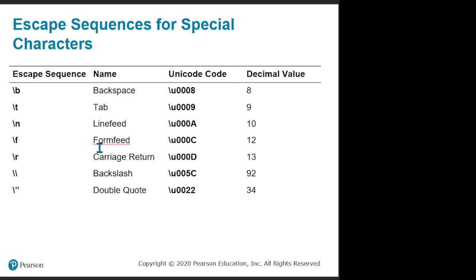The form feed would move the paper up for the next line, and a carriage return would return where the character was printed to the beginning of the line. The line feed does all of this in one. It moves up a line, it moves down to the next line, and starts printing at the beginning of the line. Let's look at some of these escape sequences inside of a program.